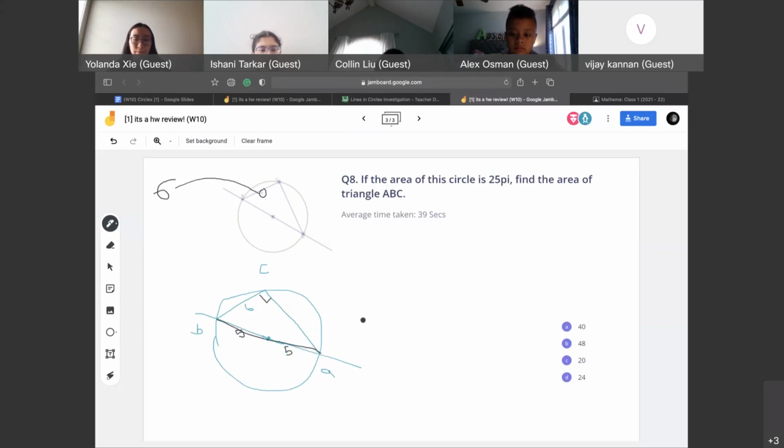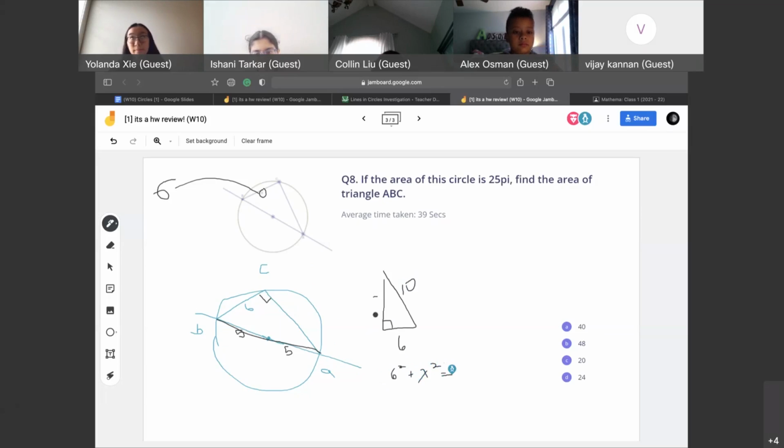So the diameter is also the hypotenuse of this triangle. And we know that this is going to be a right triangle because one of its sides is the diameter. So we can use the Pythagorean theorem to find that this last side equals the square root of 10 squared minus 6 squared.